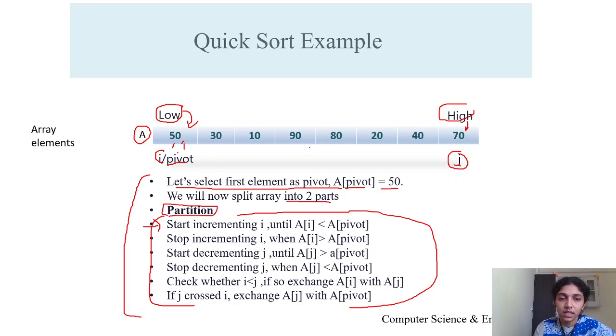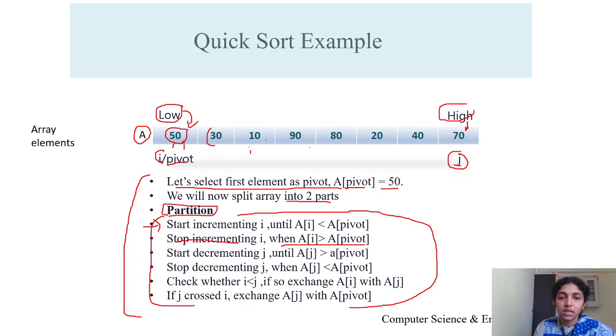What they are saying here is you have to keep on incrementing the i variable in such a way that whatever value is fetched by a of i should be less than the pivot value. So here you can see 30 is less than 50, so keep on incrementing i. Now i will point here. So in this way it continues. Got it? Now stop incrementing i as soon as a of i is greater than a of pivot.